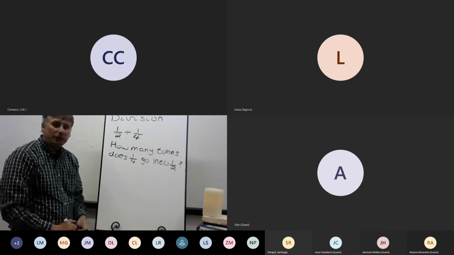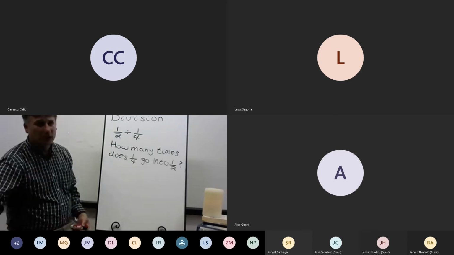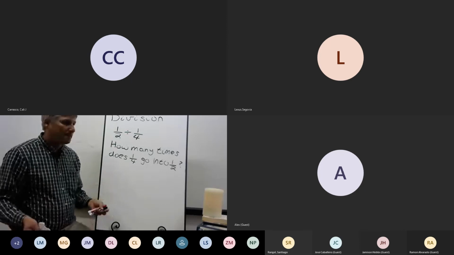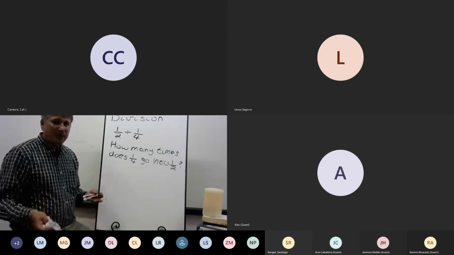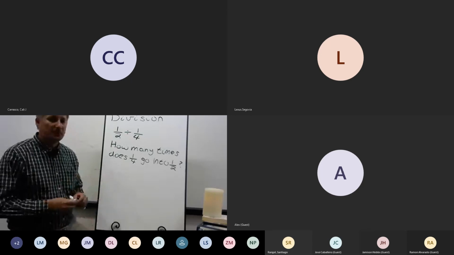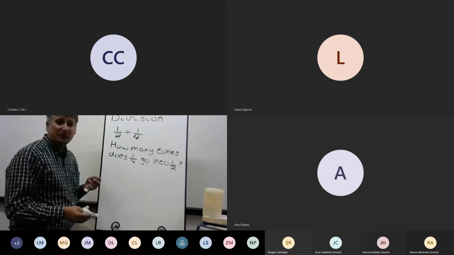So what we can do is we can go back to a picture. We can take something, divide it into 2 equal halves, and then look at how many times does 1/4 go into one of those 1/2s. So let's take a look.